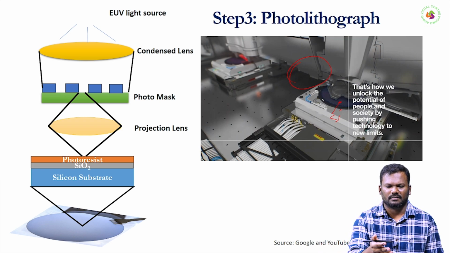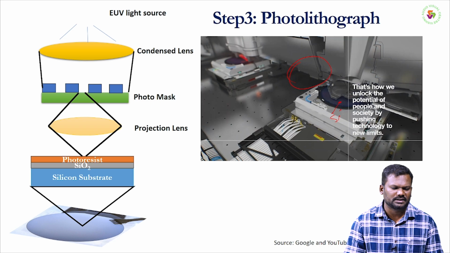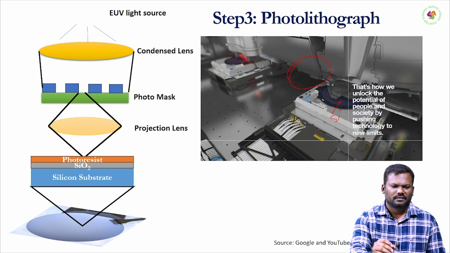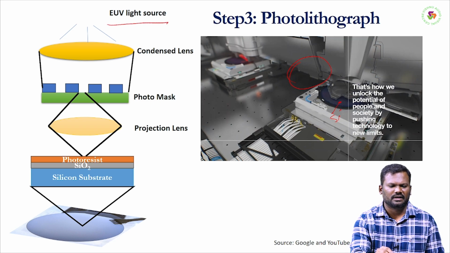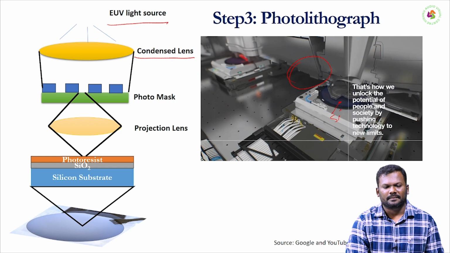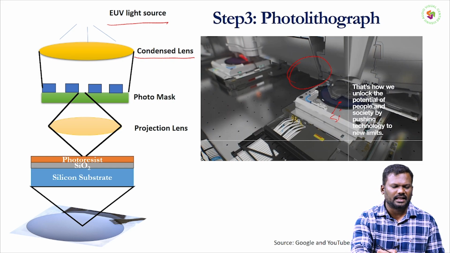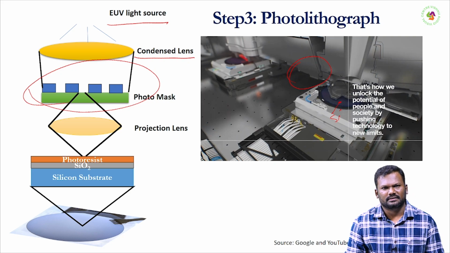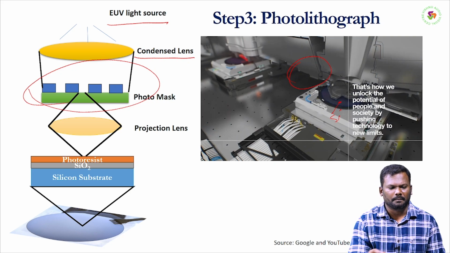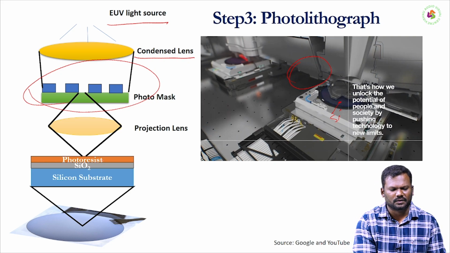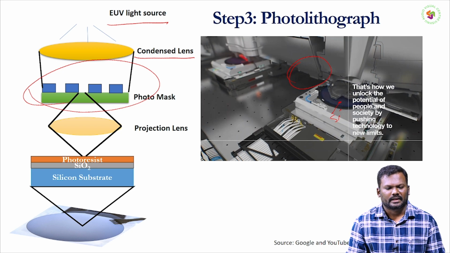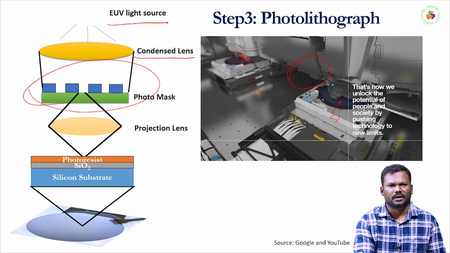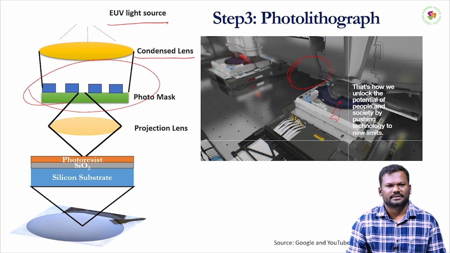So what is the complete process? If you look into this, first the UV light falls on the condenser lens. From the condenser lens, the light goes to the photomask. This photomask is very important for making the patterns on the photoresist.